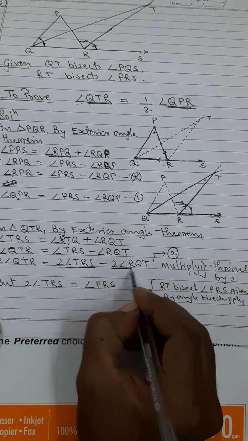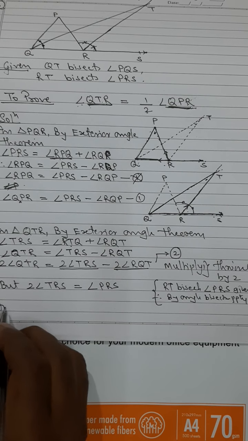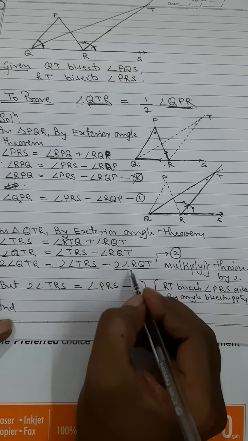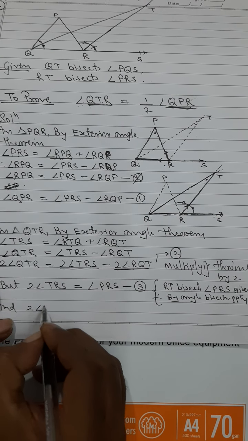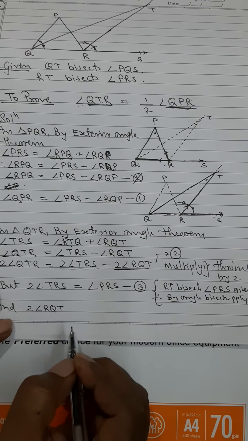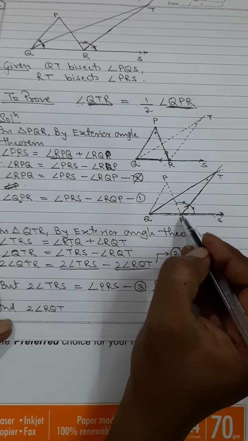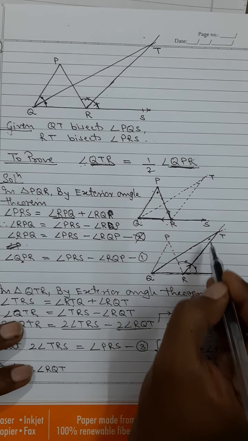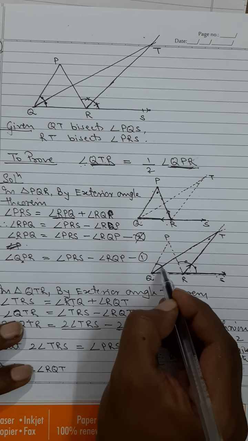Similarly, what about 2 angle RQT? Remember this. What will be double of angle RQT? Where is angle RQT? See here.